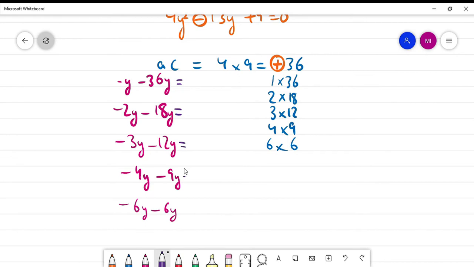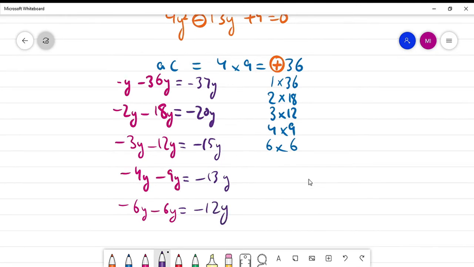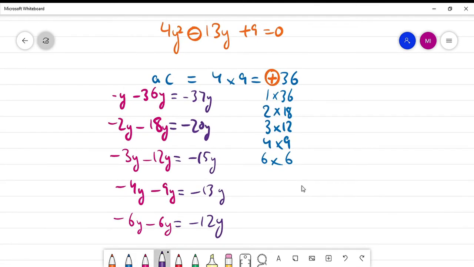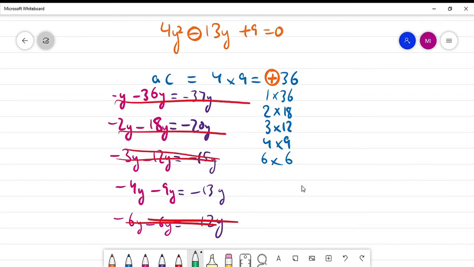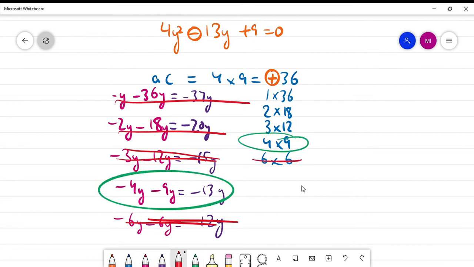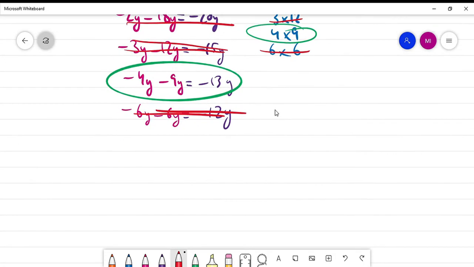So negative 37y, negative 20y, negative 15y, negative 13y, and negative 12y. And since b is negative 13y and the result must be negative 13y, or else we can't factorize, we're going to be using the fourth pair, which gives negative 13y. Okay, so let's use that one.